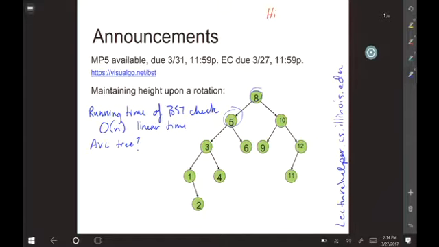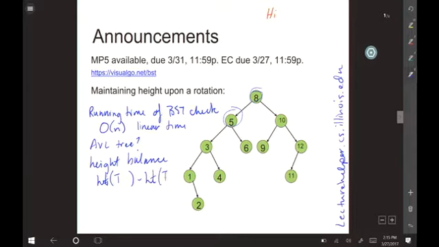Yeah? It's right minus left, technically. It doesn't matter. So you know what? I screwed up, right? Early on, when I was talking about height balance, it was height of t something minus the other.